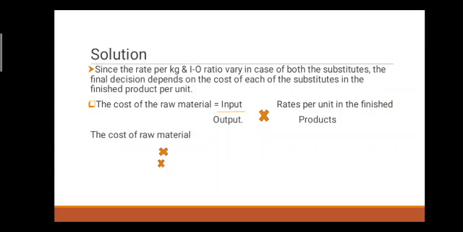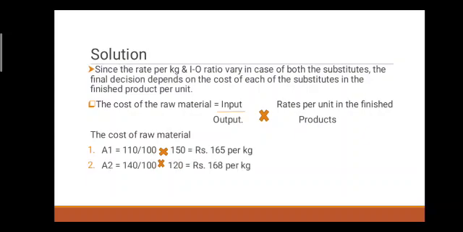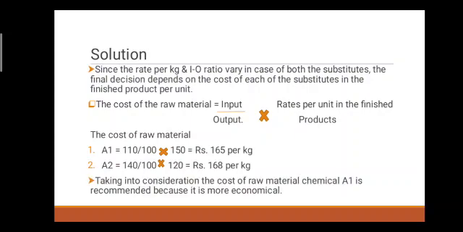The cost of raw material A1 is equal to 110 divided by 100 into 150, which is equal to rupees 165 per kilogram, and second, A2 is equal to 140 divided by 100 into 120, which is equal to rupees 168 per kilogram. Taking into consideration the cost of raw material, chemical A1 is recommended because it is more economical as compared to A2.